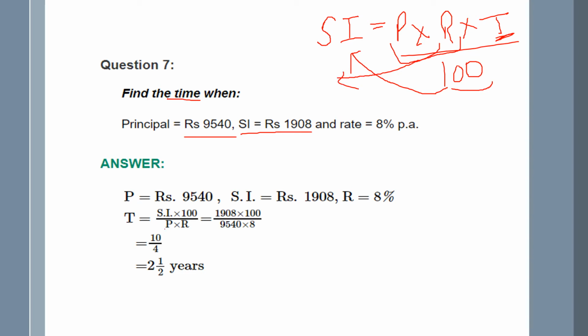It will come down like this: P into R. So the formula for time is SI into 100 divided by P into R. SI is 1908 into 100 divided by principal 950 into 8. You will get time 10 by 4 years, that is 2.5 years.